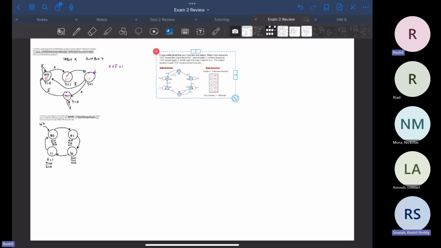Something that might be on the exam is better. A sequence generator? This guy. You said the other one, because the circuit for that one is super long. This isn't as bad.